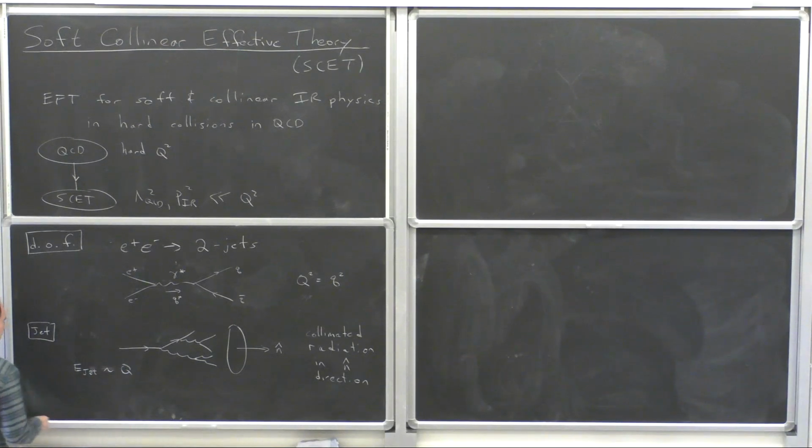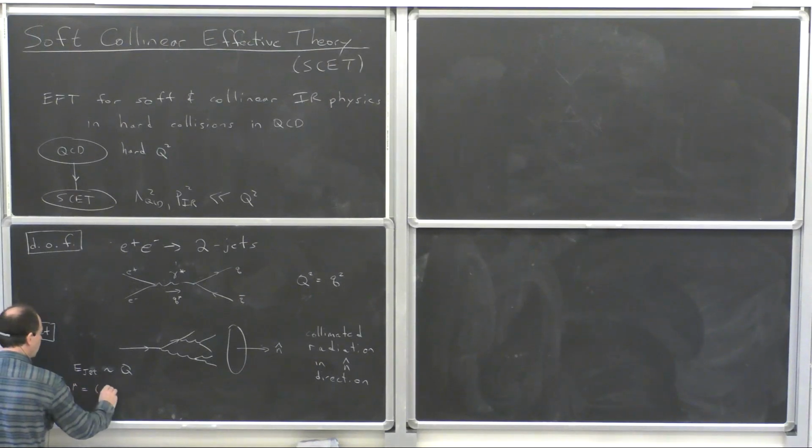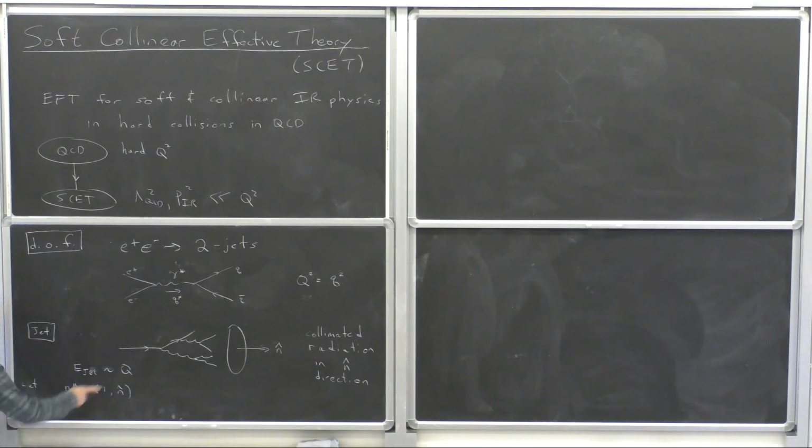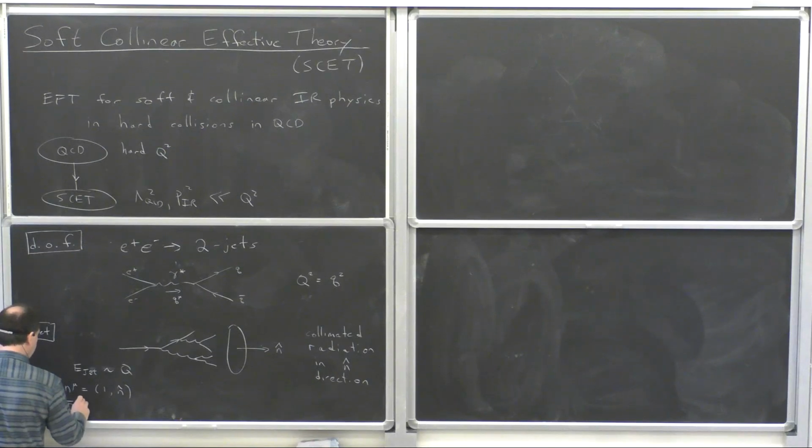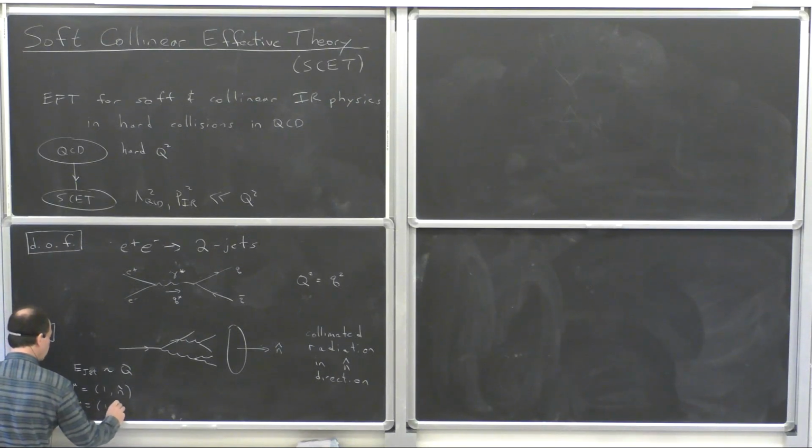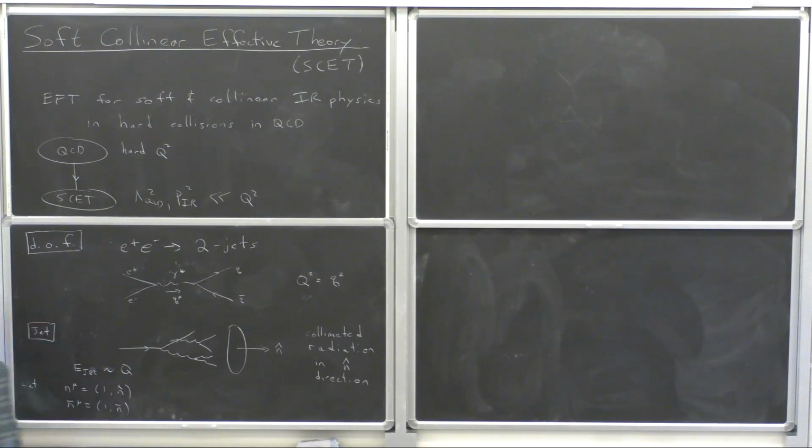But in order to do that in a systematic way, it's convenient to set up a nice coordinate system. And the nice coordinate system is a light cone coordinate system where we align things with the jet axis. So this jet is going in this direction, n hat. So let me define a 4 vector, which is (1, n hat). When I have light cone coordinates, I need a vector in the orthogonal direction, which will be (1, minus n hat).